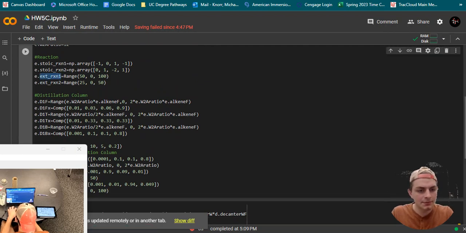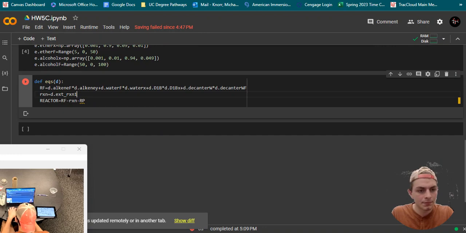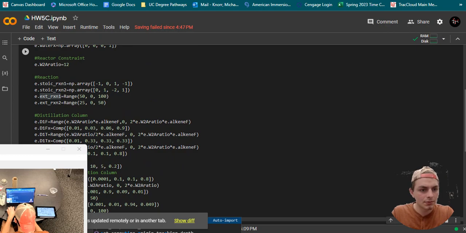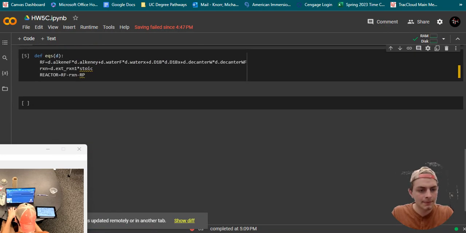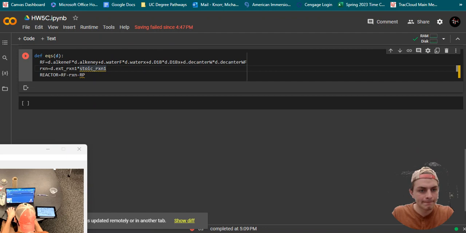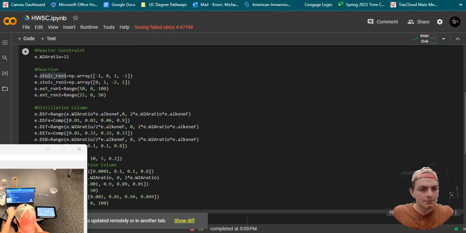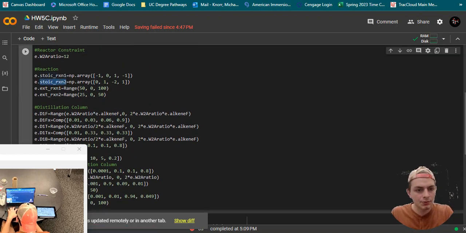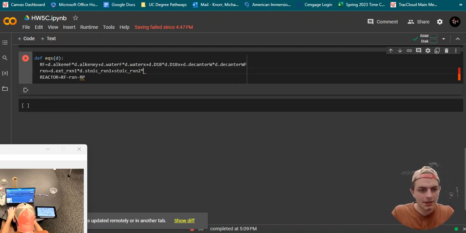Extent reaction 1 multiplied by stoic reaction 1, add that to stoic reaction 2 multiplied by the extent of reaction 2 there. And d dot that. Perfect.